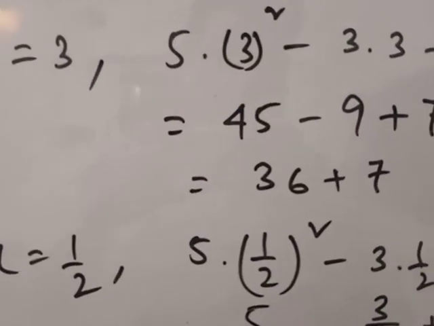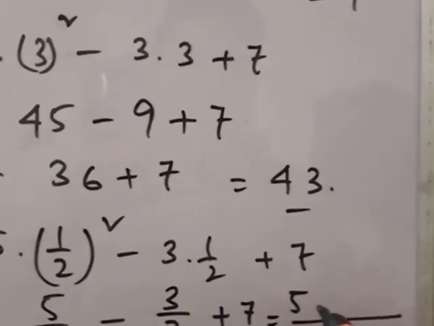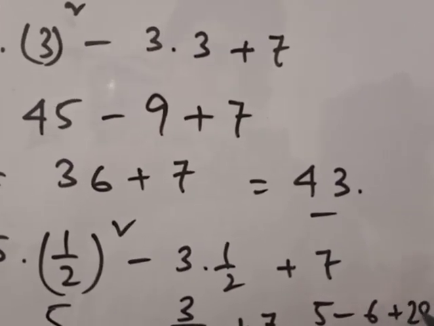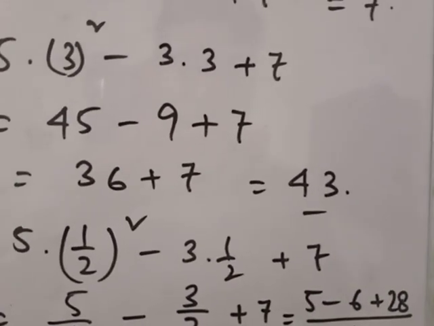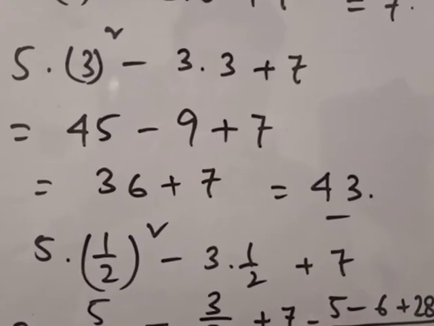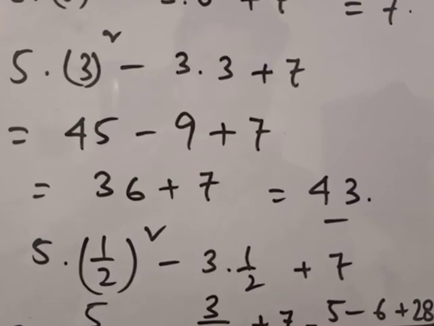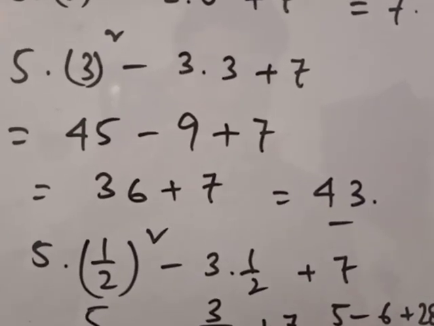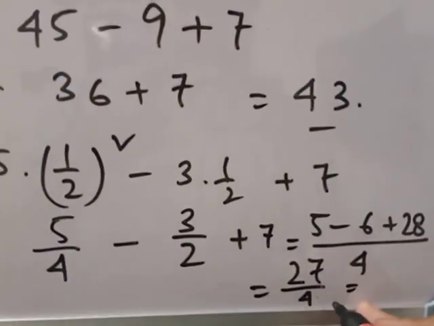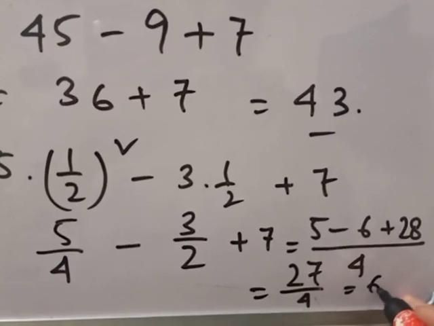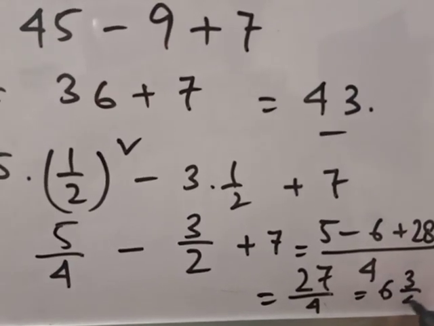So 5 minus 6 plus 28. So this is 27 by 4. We can write 27 by 4 as 6 and 3 by 4.